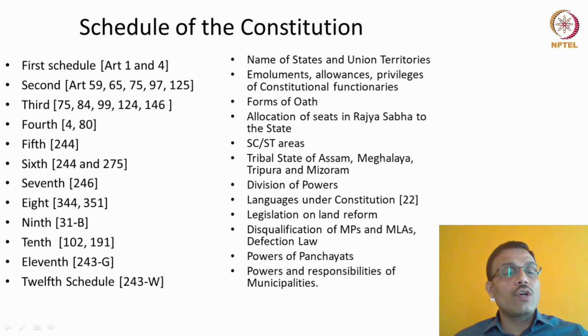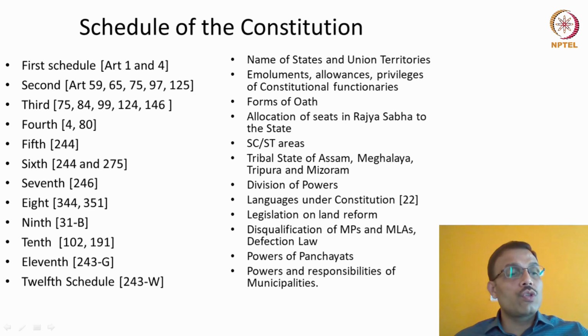The third schedule of the Constitution is about the forms of oath or affirmation that have to be taken by the constitutional functionaries. These pertain to articles of the Constitution 75, 84, 99, 124 and 146. Again, it can include Article 188 and 219 as well.